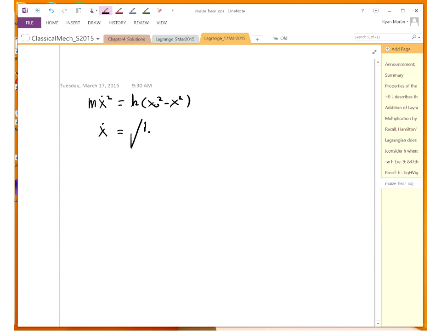So I can write x dot is the square root of k over m times x naught squared minus x squared. That's dx by dt.